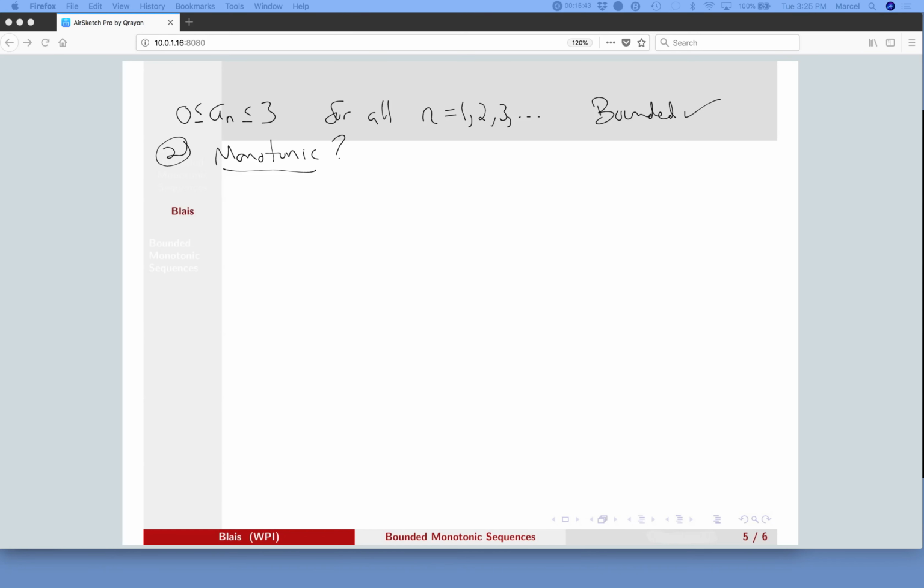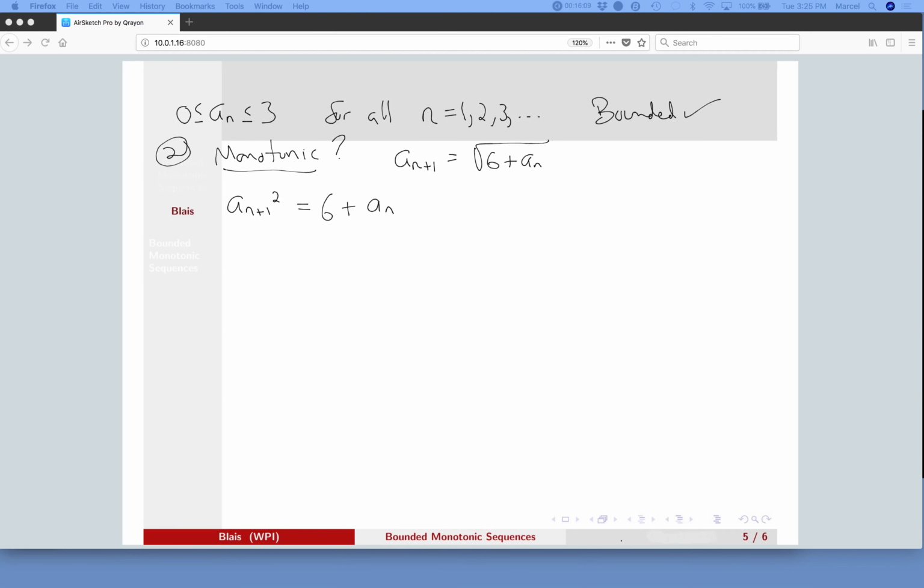Well, we know by the definition that a sub n plus 1 is the square root of 6 plus a sub n. So we can tinker with this. Let's square both sides. a sub n plus 1 squared is equal to 6 plus a sub n.